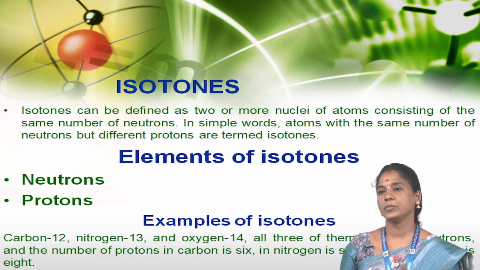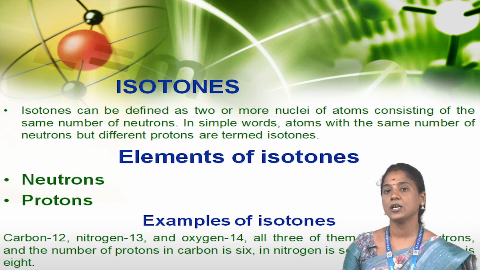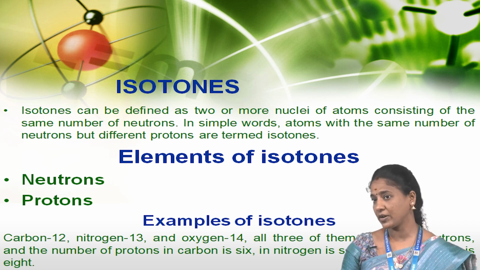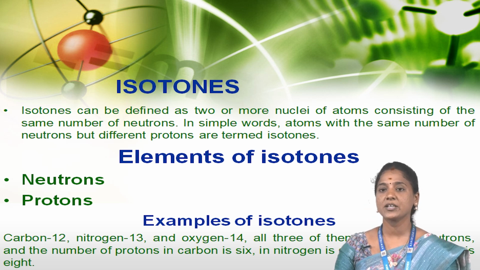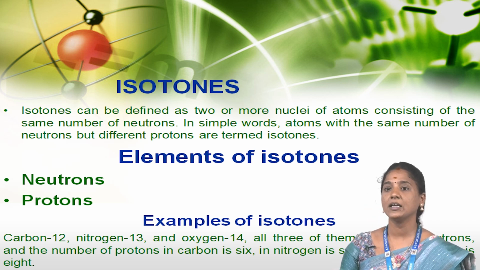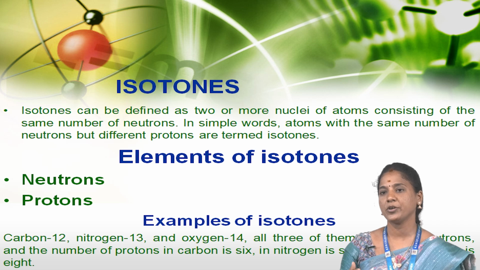All three of them have 6 neutrons, and the number of protons in carbon is 6, nitrogen is 7 and oxygen is 8. Boron 12 and carbon 13 are isotones. Both have 7 neutrons, so they are isotones. Sulfur 36, chlorine 37, argon 38, potassium 39 and calcium 40 are all isotones of 20 because they have 20 neutrons.